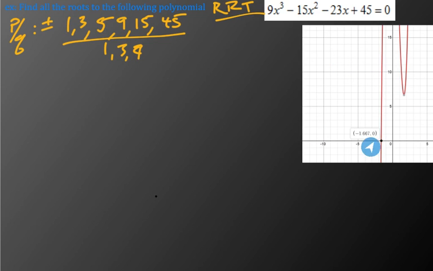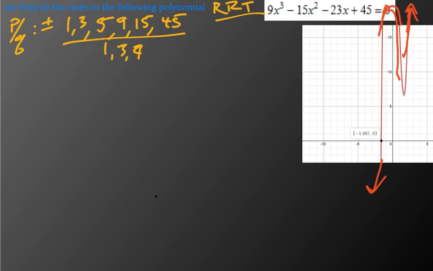So I showed you how to get a root on your graphing calculator. This is just a cubic, and it really does keep going up here. And then it bends around and shoots off. And this part goes down forever. Yeah, it's just a cubic like that.